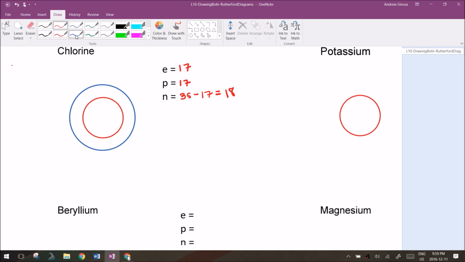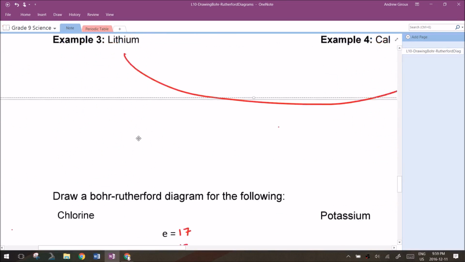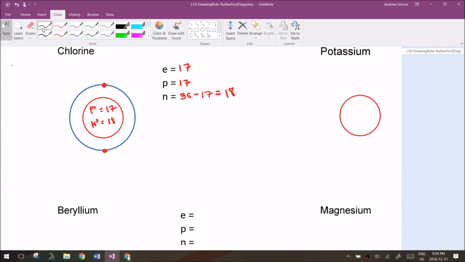So if we go back to the diagram, I have my red nucleus here, and my protons will be 17. Neutrons will be 18, and I can start placing my electrons, 2 in the first shell. And I need to keep drawing more shells.